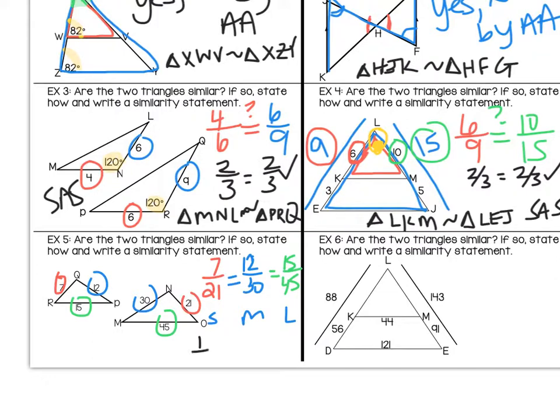So 1/3. And then what's the biggest thing that goes into that would be 6, which reduces to 2/5. And then we get 1/3 again. So are those all equal? No, those are not all equal. So these are not similar.